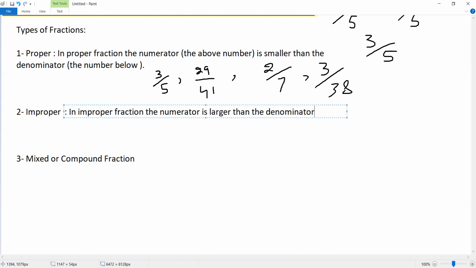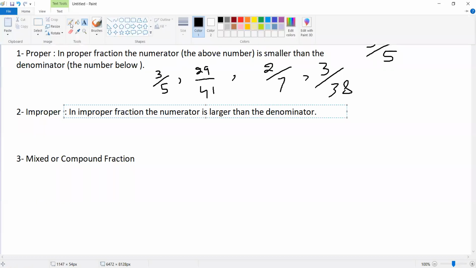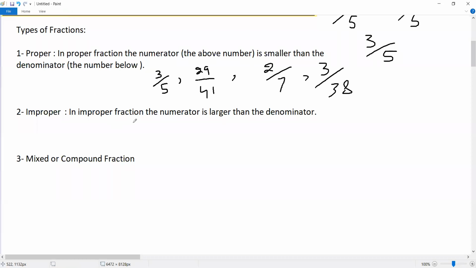In improper fraction, the numerator is larger than the denominator. So what is denominator? Denominator is the number below. Above number is large and below number is small. Then such a fraction is called improper fraction.